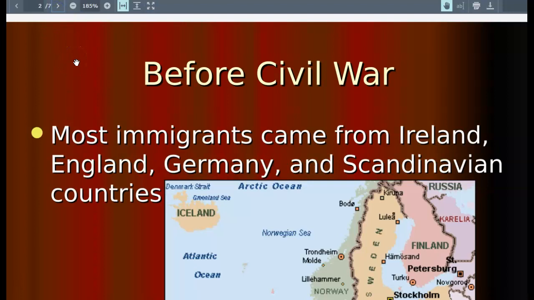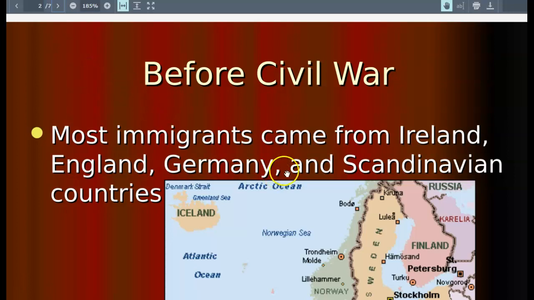Before the Civil War, this slide is talking about old immigration. Before the Civil War, most immigrants came from Ireland, England, Germany, and Scandinavian countries.